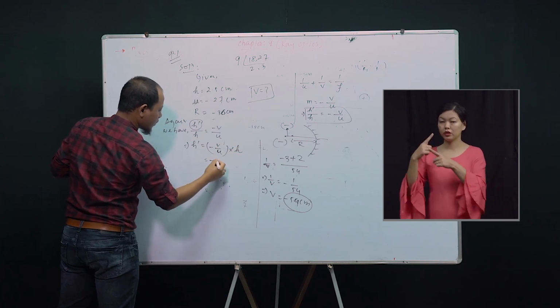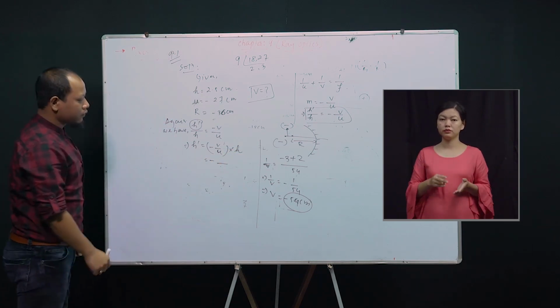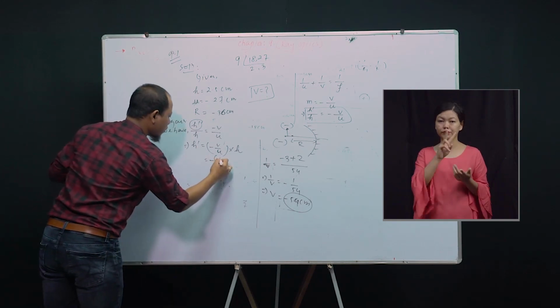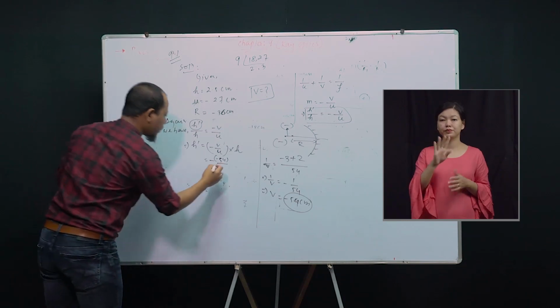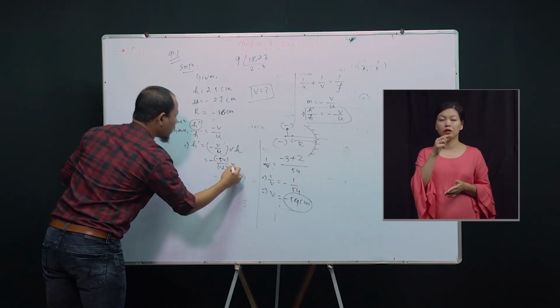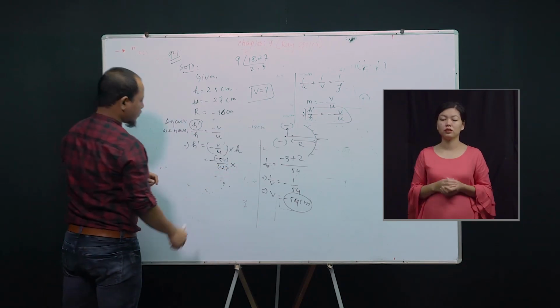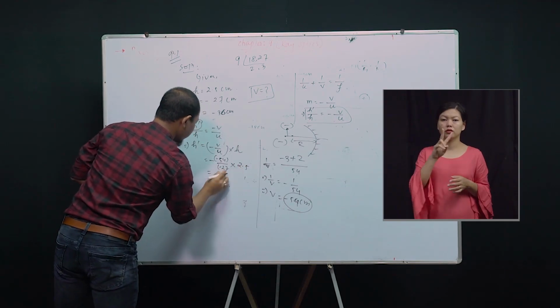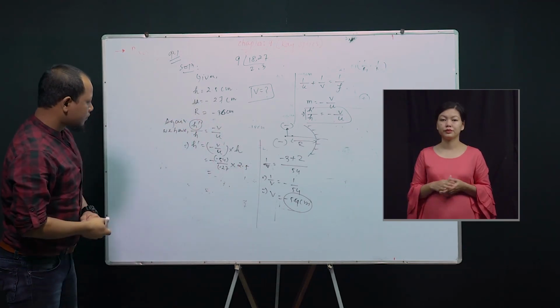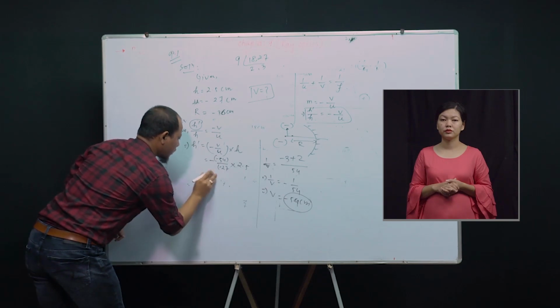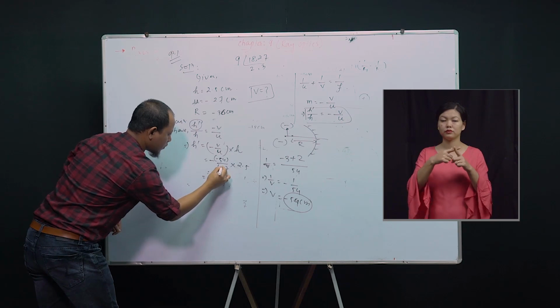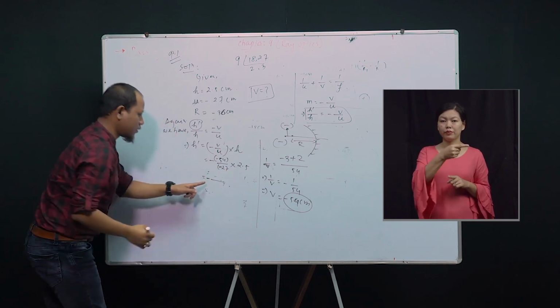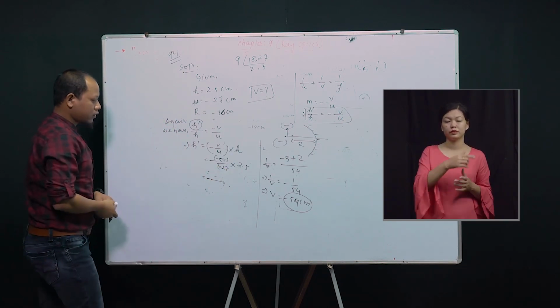Now, what is the value of v? Minus 54. And the value of u is minus 27, multiplied by the value of h, that is 2.5. Now minus minus becomes plus, but the one minus in front of the whole term will remain.